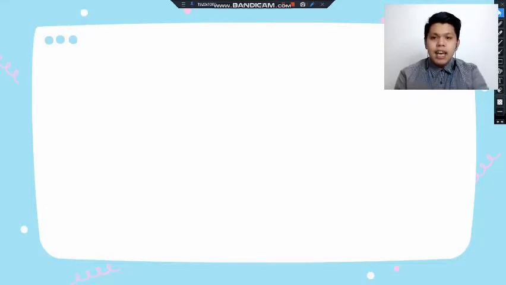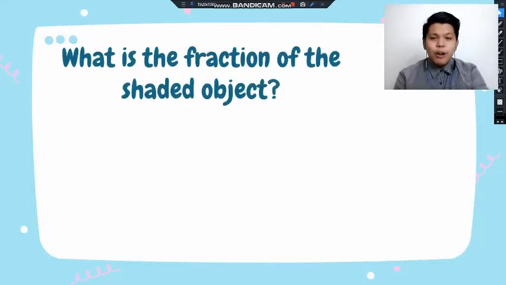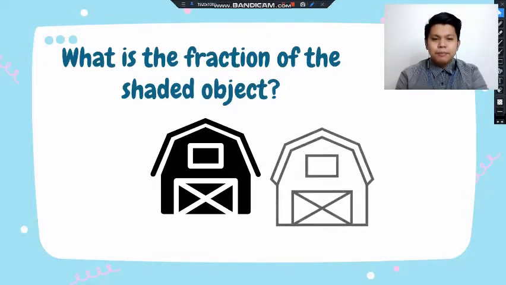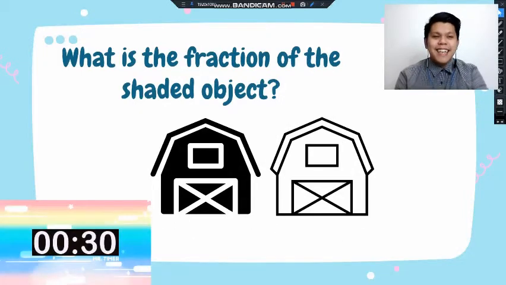What is the fraction of the shaded object? 30 seconds starts now.